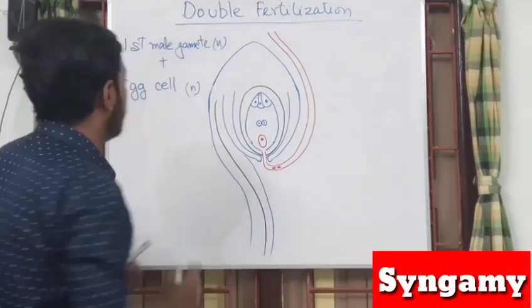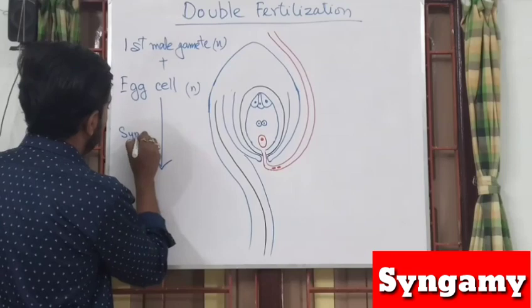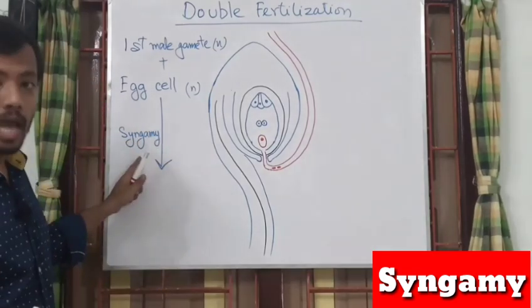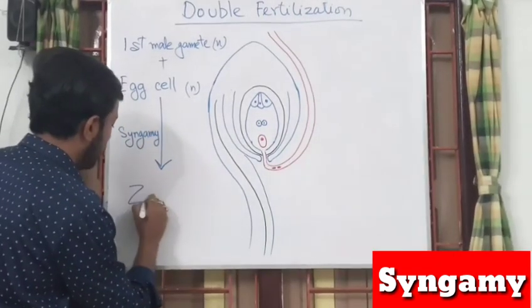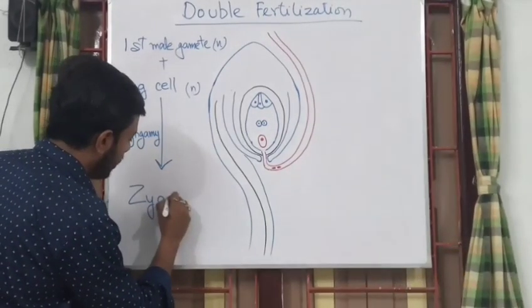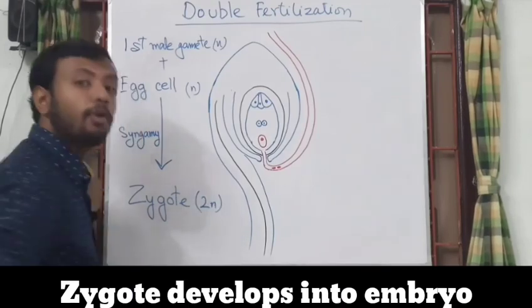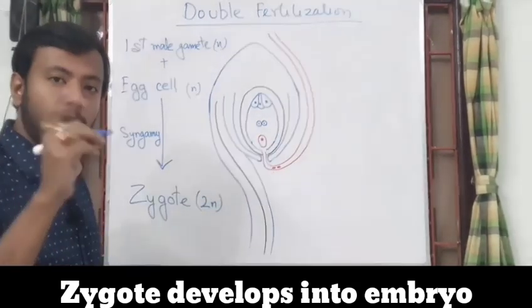Their fusion is termed syngamy, and by their fusion they will produce a diploid zygote. So here the zygote will form. It will be diploid in nature by the fusion of the first male gamete with the egg cell.